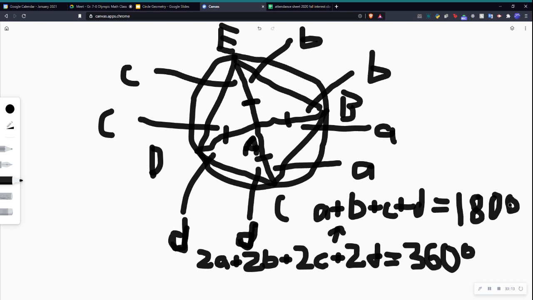We have 180 degrees right here, and the theorem states that opposite angles, so angle C plus angle E, and angle B plus angle D, add up to 180 degrees. How does this help us?